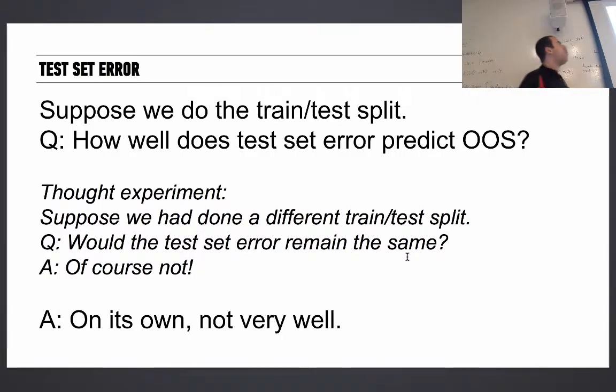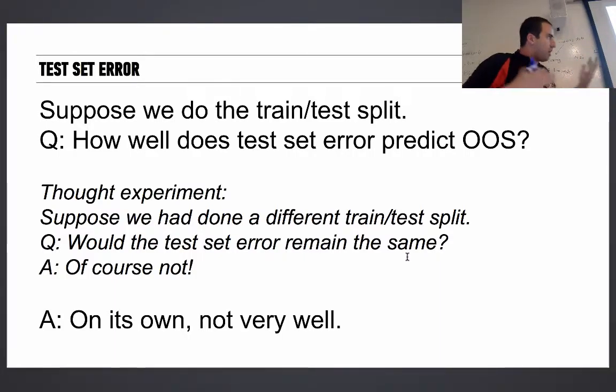So how well does the test set error predict out of sample? Because it's almost like we're treating the test set as if it were out of sample, and we are. We are pretending we don't know the answer and letting the model go, and then bringing in the answer to say, okay, how well did it do? That's testing.